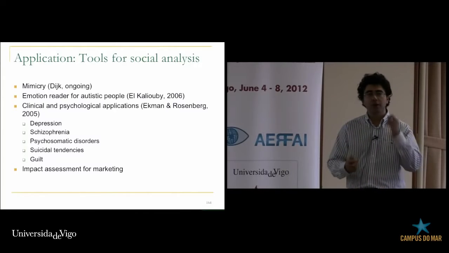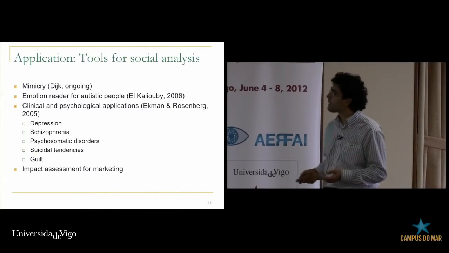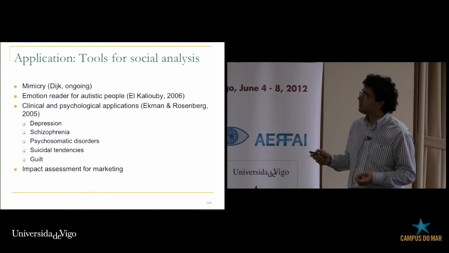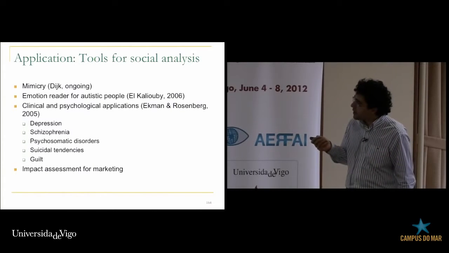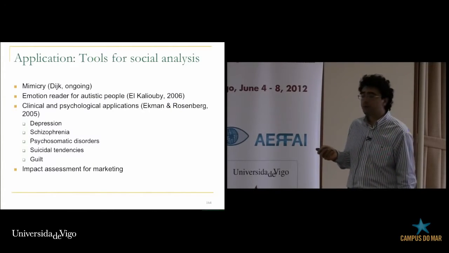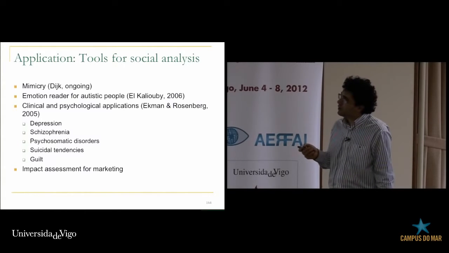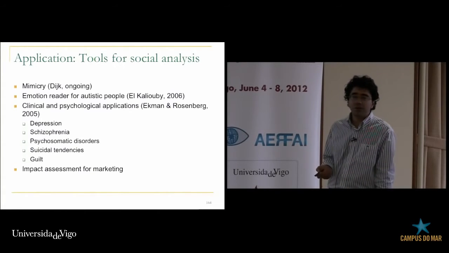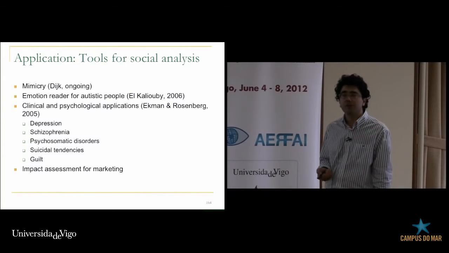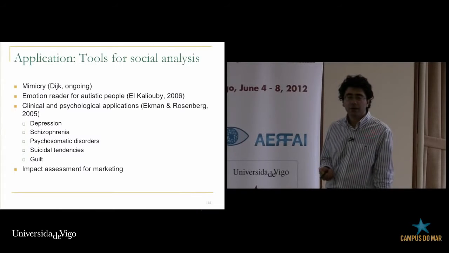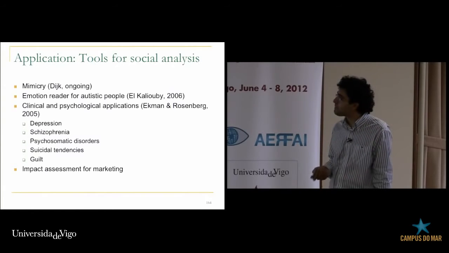I listen to you. That I can see in the mimicry. Another application by Rana Al-Kaloubi at MIT, she started her own company called Affectiva. She was working on emotion readers for autistic people, because autistic people usually cannot read facial expressions. They need external help in doing that.